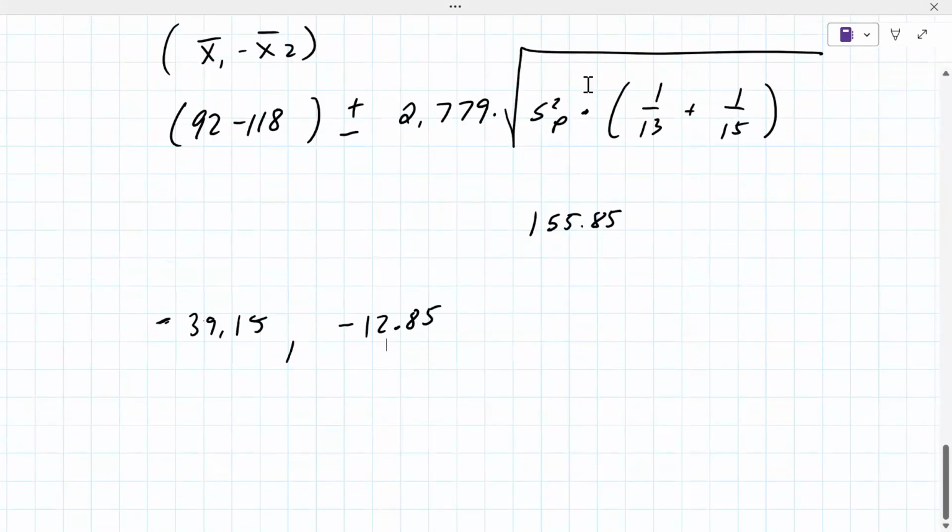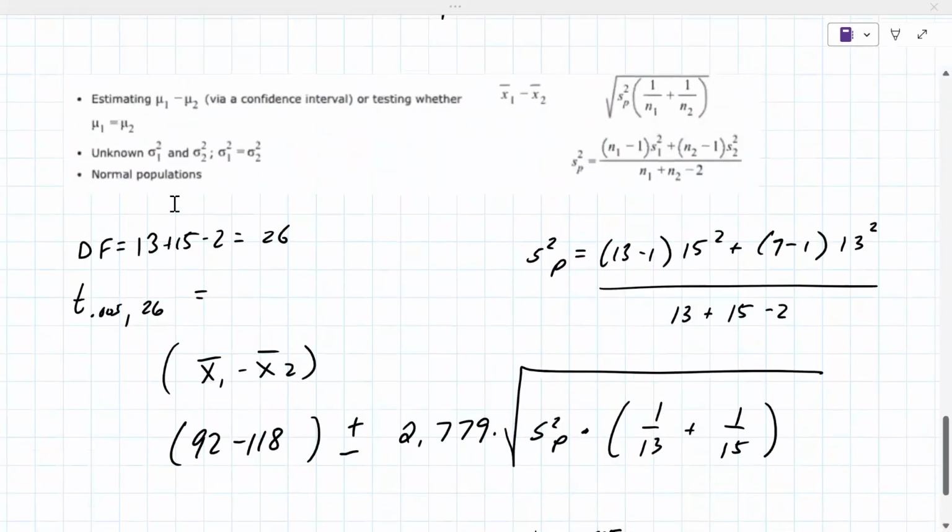So the 39.15 was for the lower limit. Yes.